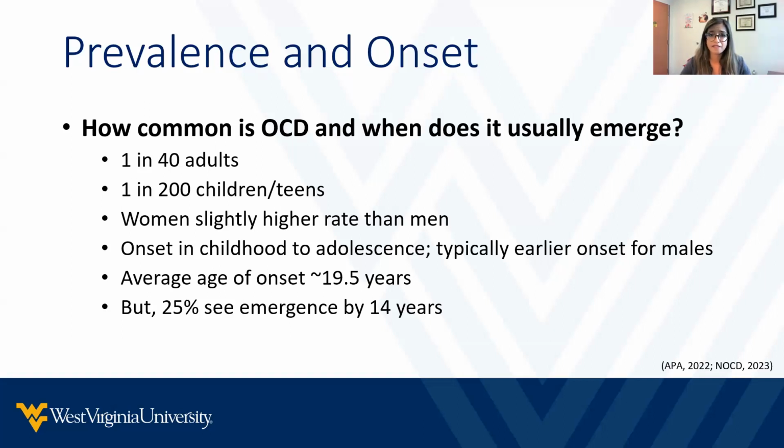Onset after your 30s is unusually rare. And on the other side, about a quarter of males have onset before age 10. I know that makes it seem a little bit unclear, but what you're really seeing is earlier in boys, a little later in girls, but childhood and adolescence absolutely can be affected by OCD.